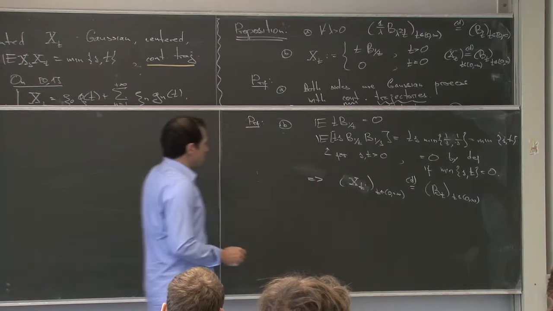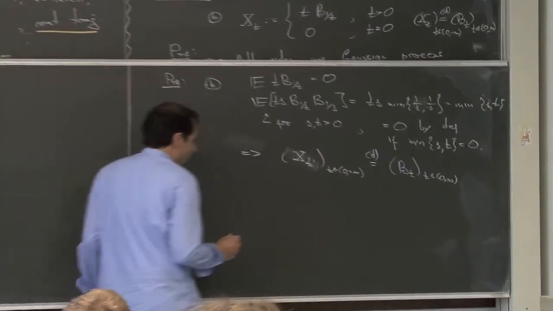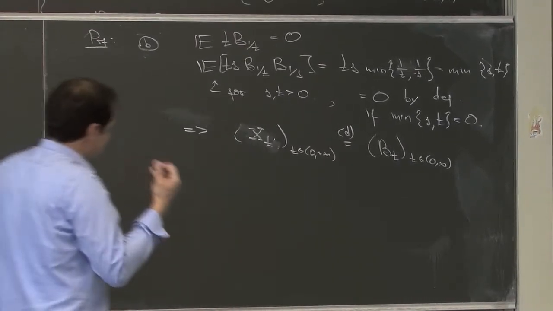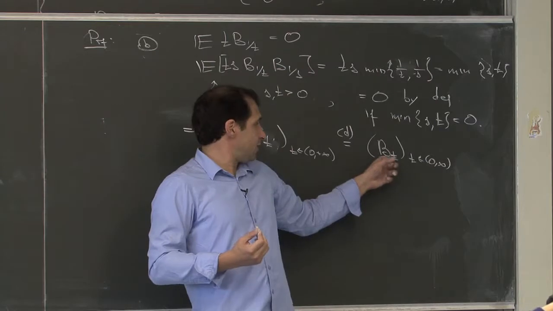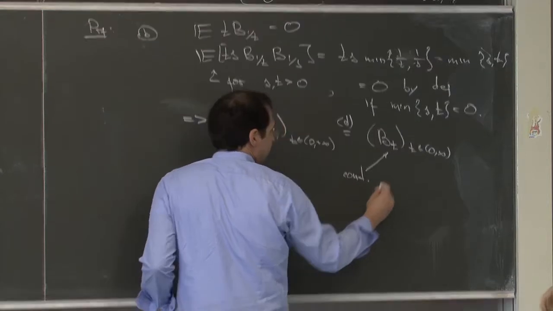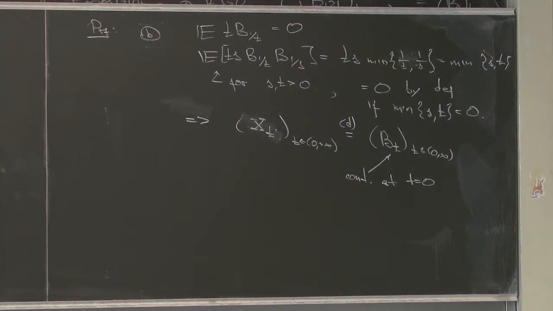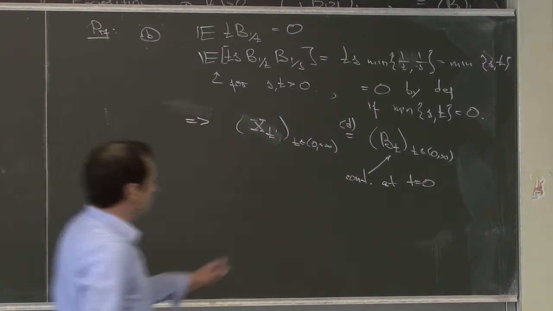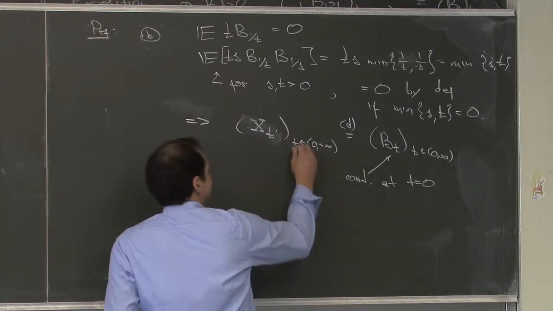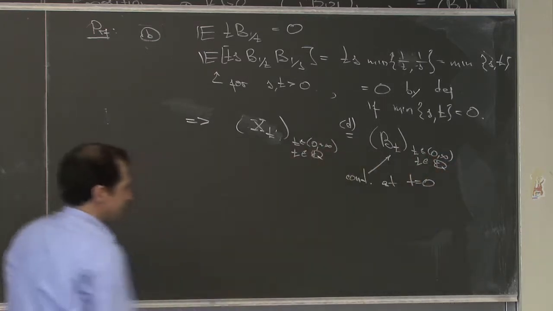And then basically what I can say from here is that, okay, well, I do know that the trajectories of B are continuous at the origin, right? Not a problem. I do know that, right here, at least for rationals.